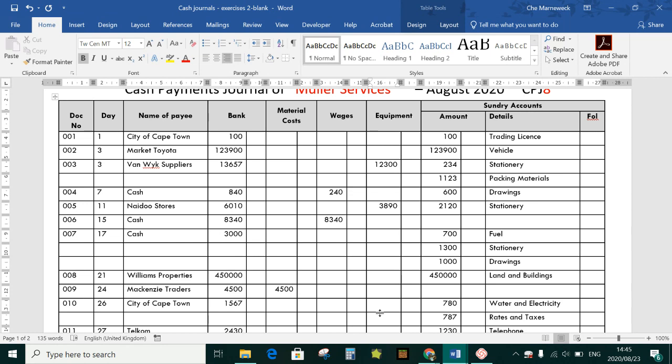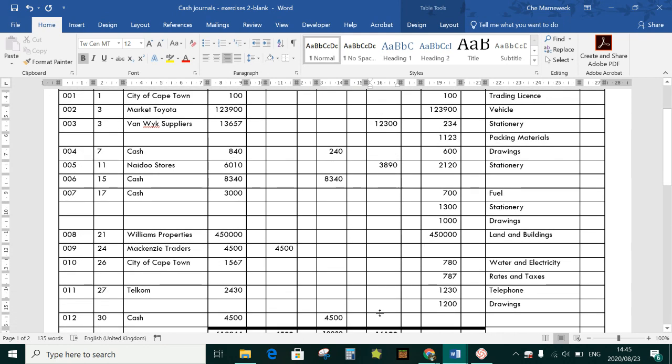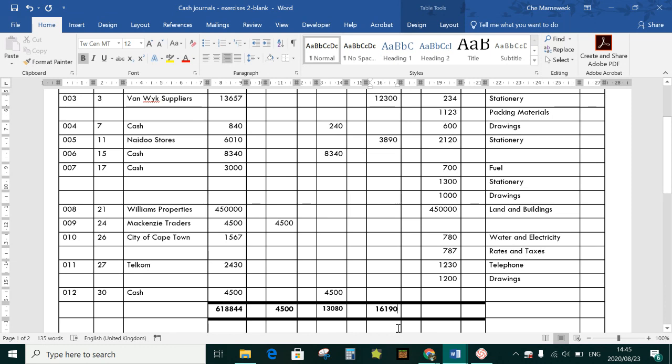And we add the last column, 100 plus 123,900 plus 234 plus 1123 plus 600 plus 2120 plus 700 plus 1300 plus 1000 plus 450,000 plus 780 plus 787 plus 1,230 plus 1,200, and we get 58074.